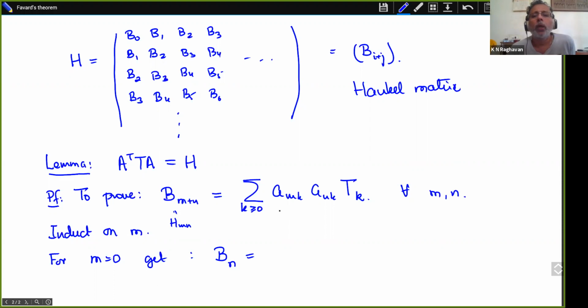So this would be A transpose T A. I think I made a mistake. It should be A T A transpose.